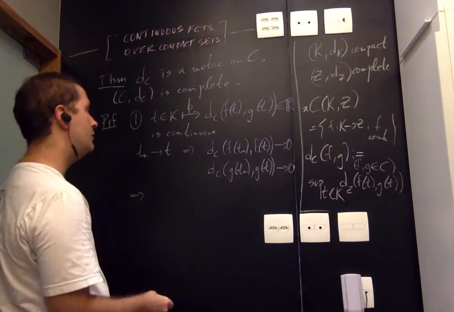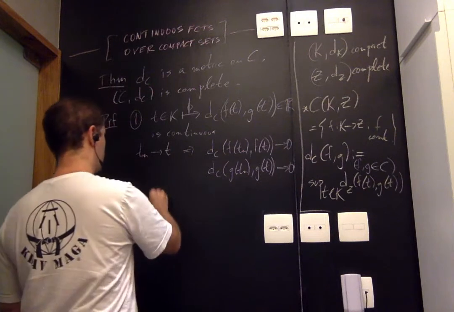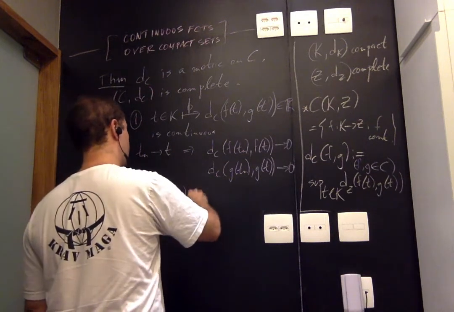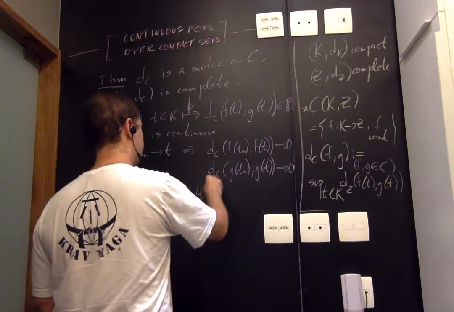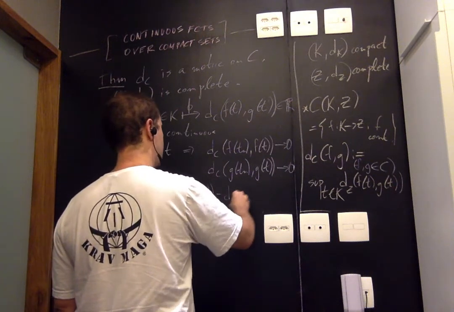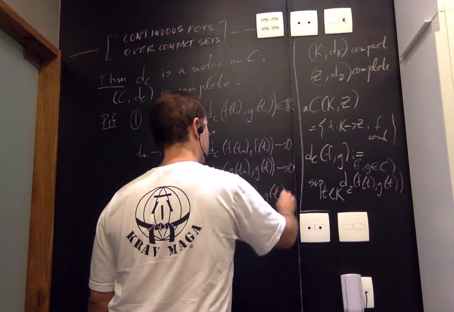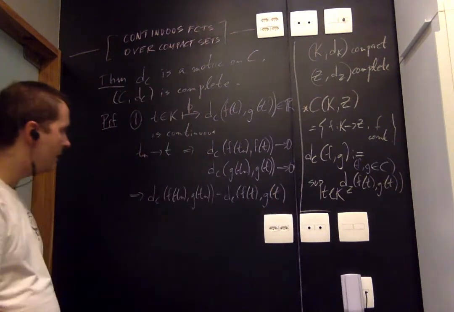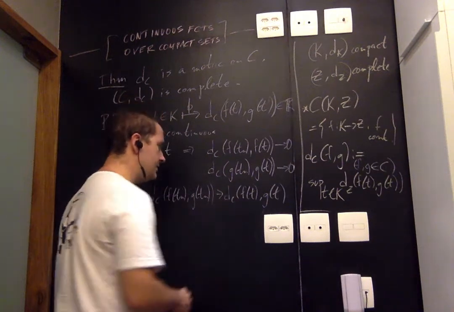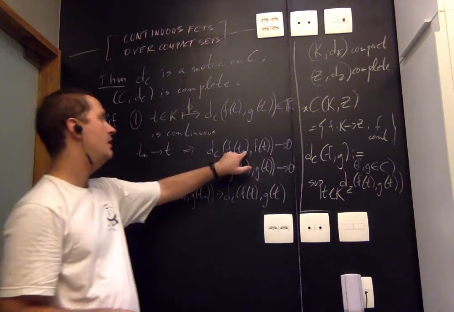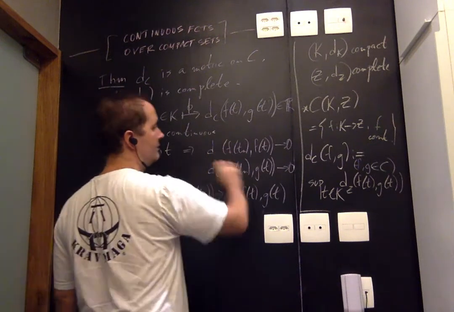And now I want to argue that the distance f of t_n, g of t_n minus the distance f of t, g of t should go to 0. Well, this should go to 0 as a consequence of these two things. So it's more like I have a sequence of points. Sorry, this is not d_C, right? This is d_Z.